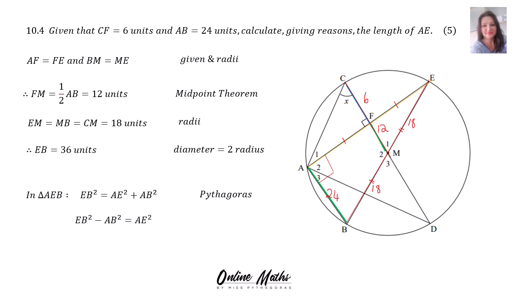And then if we make AE the subject of the formula, EB we decided was 36 and AB was given that it's 24, we can work it out for AE, and we find AE is 12 root 5 or 26,83. And then where's the marks here? For that statement reason, all the statement reasons, and final answer.